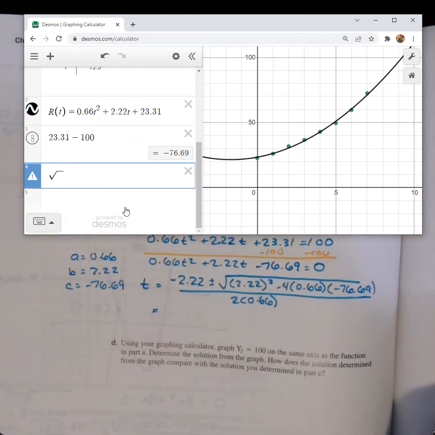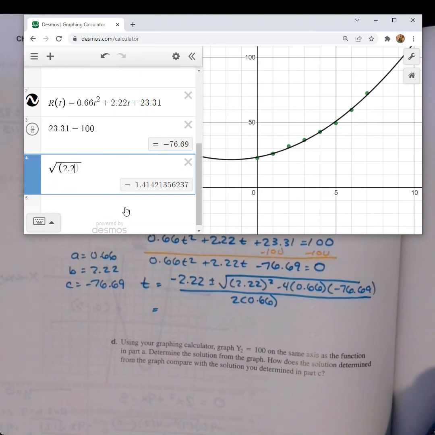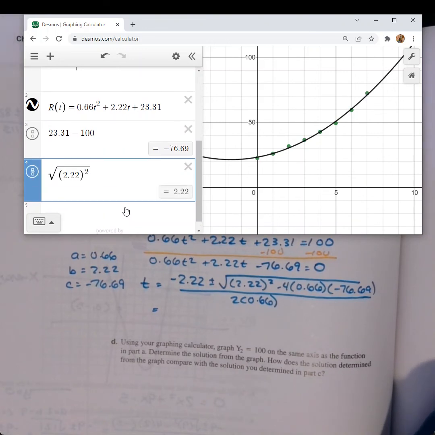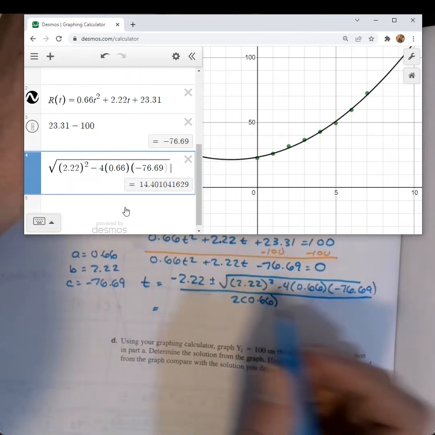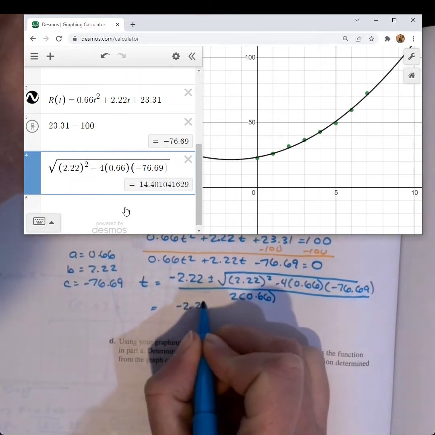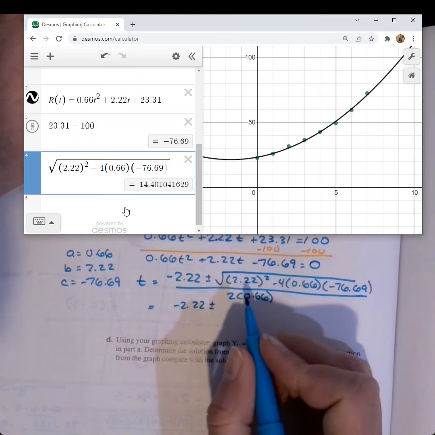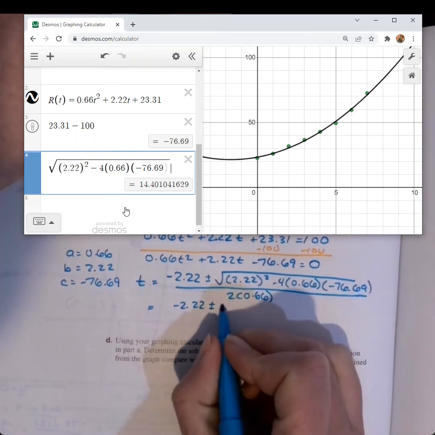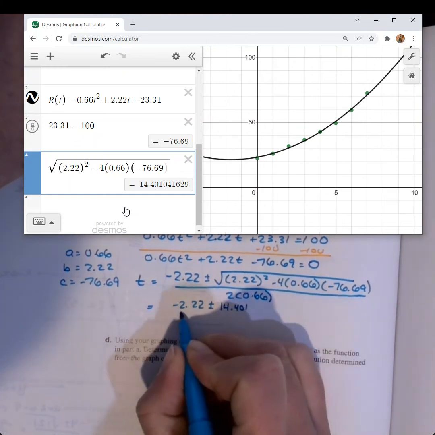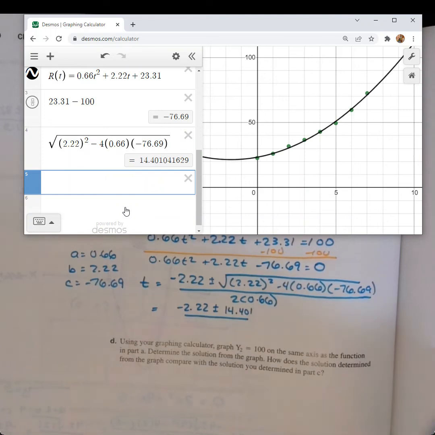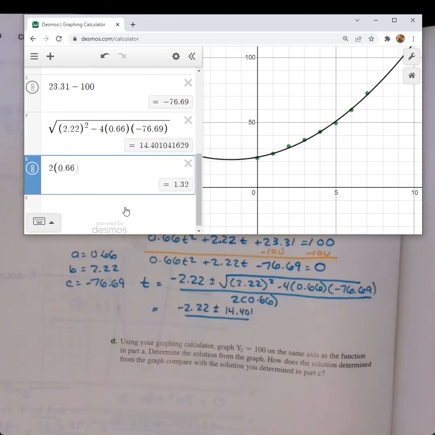So we're going to go ahead and type in the square root along with the 2.22 squared minus 4 times 0.66 times negative 76.69. And so what we have now, before we separate, is negative 2.22 plus or minus. We've done the square root, so we have to add or subtract 14.401, and then we have to divide by 2 times 0.66, which is 1.32.